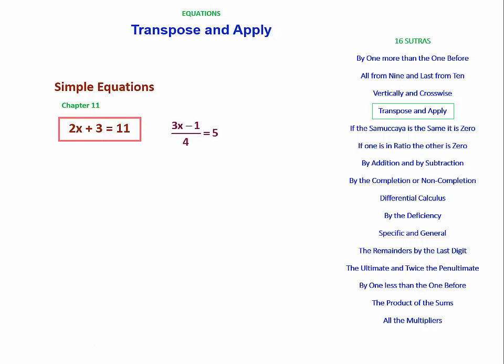And here's another example. Here we've got the x is multiplied by 3, 1 is subtracted, and we're dividing by 4. So in reverse, we transpose. Because we're dividing by 4, we multiply the right hand side by 4, we get 20. We add the 1, which is 21, and we divide by 3 to get 7.